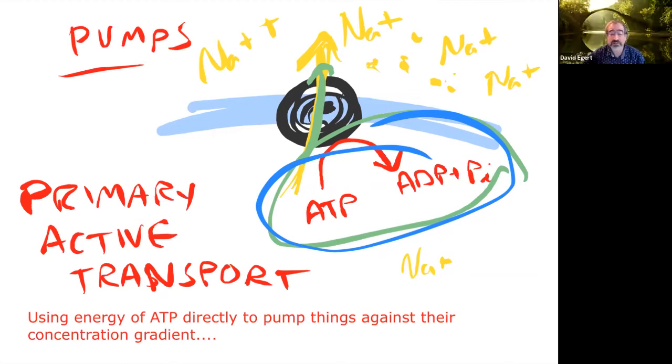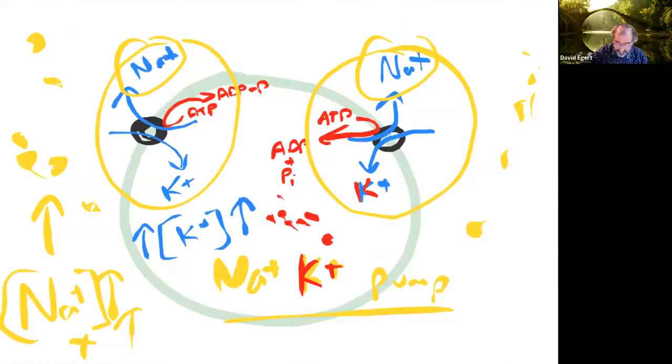Yeah, so that's a good question. It gets messy, because for instance, this is kind of an antiport that's also a pump. So sometimes they get coupled into primary active transport like this.